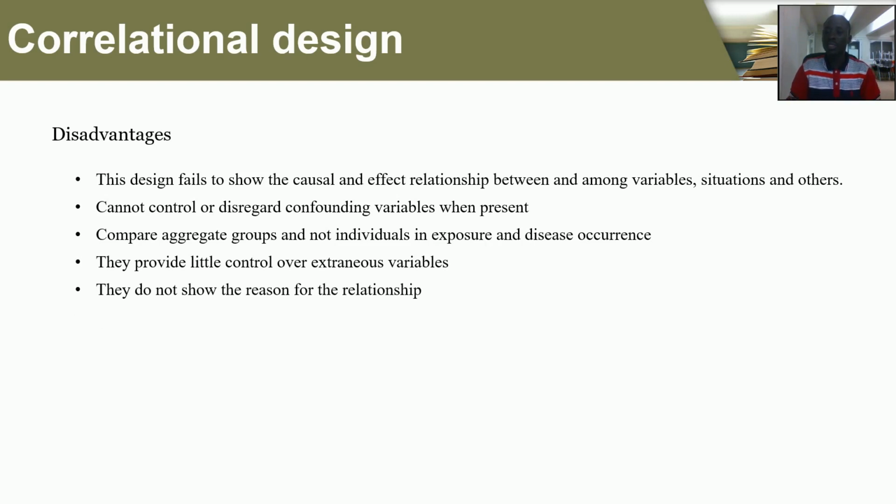It can only tell us the degree of association between variable A and B. It can only tell you that, for instance, the higher you take in alcohol or smoke, the higher the probability of you getting heart disease. But it can't tell you the reason why when you smoke you get heart disease.